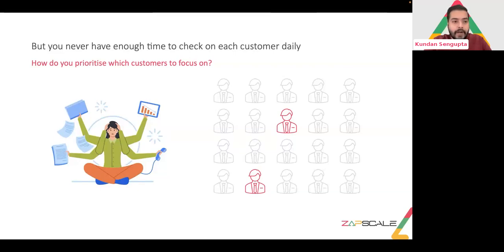You would have to prioritize, let's say, 10 or 20 customers that need your help the most, that make the most sense for you to spend time on, keeping in mind, of course, the revenue perspective: which customers can give me better expansion revenue, which customers are definitely worth retaining, which customers are very close to churn and I would not want to lose them.